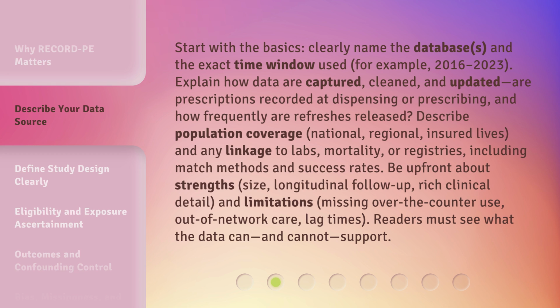Describe population coverage, national, regional, insured lives, and any linkage to labs, mortality, or registries, including match methods and success rates. Be upfront about strengths, size, longitudinal follow-up, rich clinical detail, and limitations, missing over-the-counter use, out-of-network care, lag times. Readers must see what the data can and cannot support.